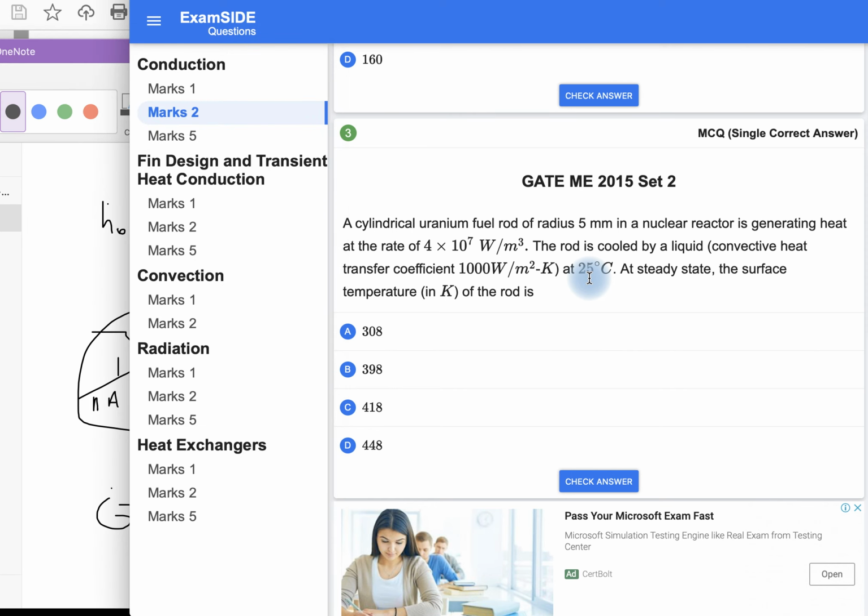So the answer will come out. Same thing, you have to find out delta T is equal to 4 into 10 raised to power 7 into 5 whole square divided by 4k, that will come out 10.